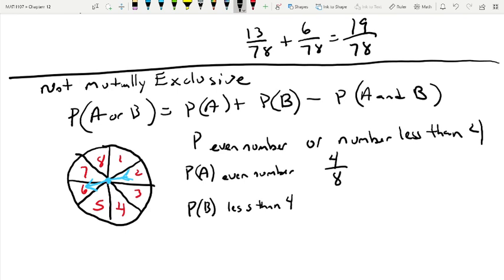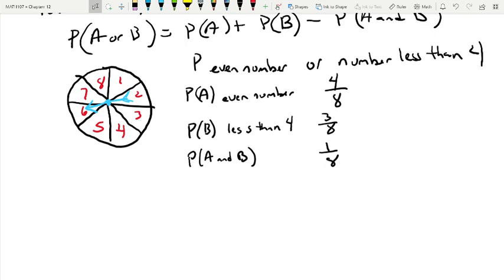And this number would be 3 out of 8. And then lastly, the probability of A and B. So an even number that is less than 4 is only going to be my number 2, and so this is going to be 1 out of 8.